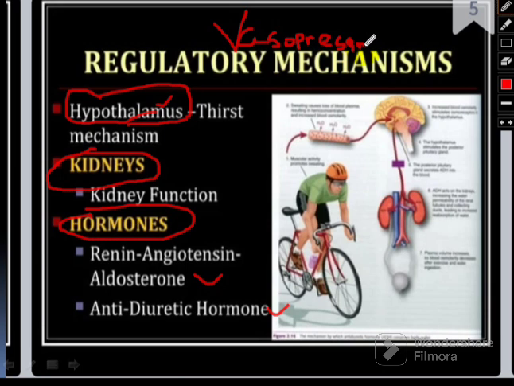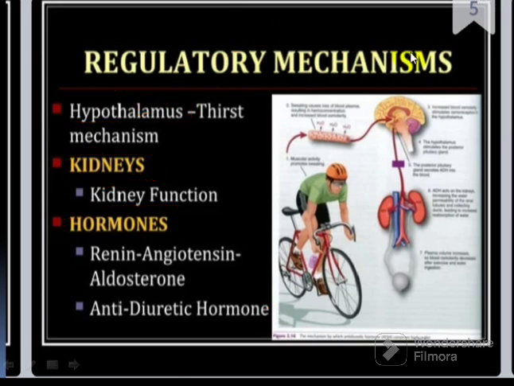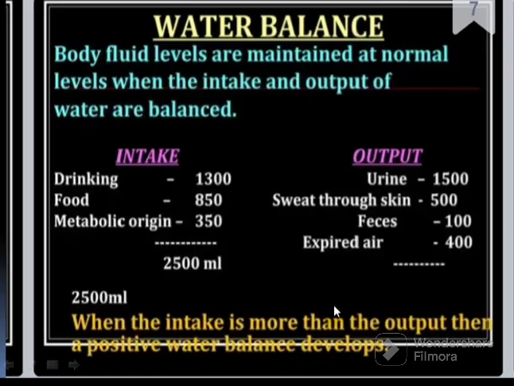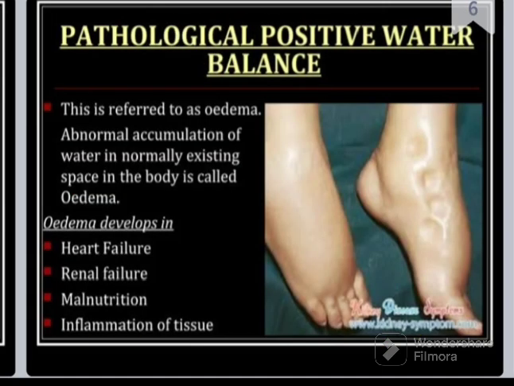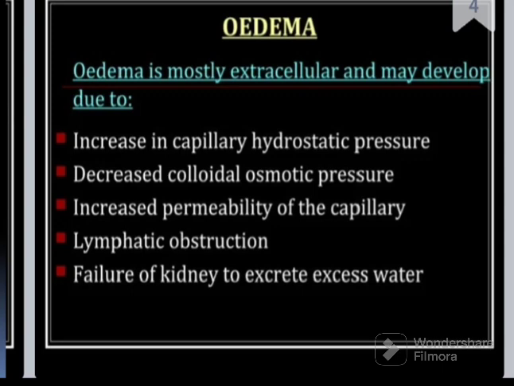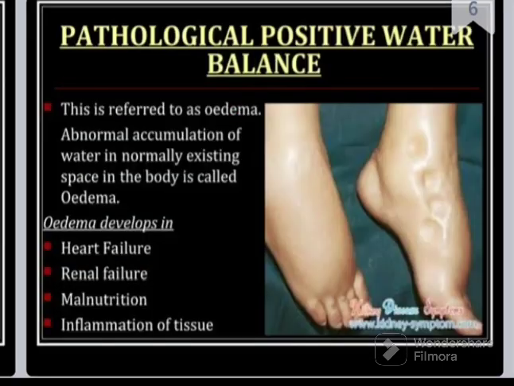Any question? Questions, reactions, and queries? Okay. Water balance. You're going to do that under renal physiology. So let's go forward. You have a question? Okay, let me just summarize that.